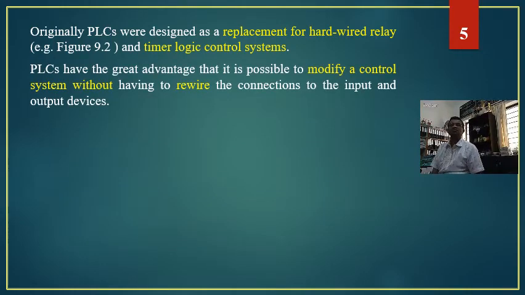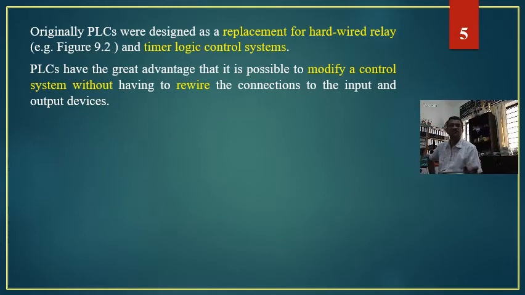Now, PLCs have the great advantage that it is possible to modify a control system without having to rewire. That is one of the biggest advantages when a process changes. Like the previous example, with three cylinders A, B, C, let us say the process is defined as A plus, A minus, B plus, B minus, C plus, C minus.